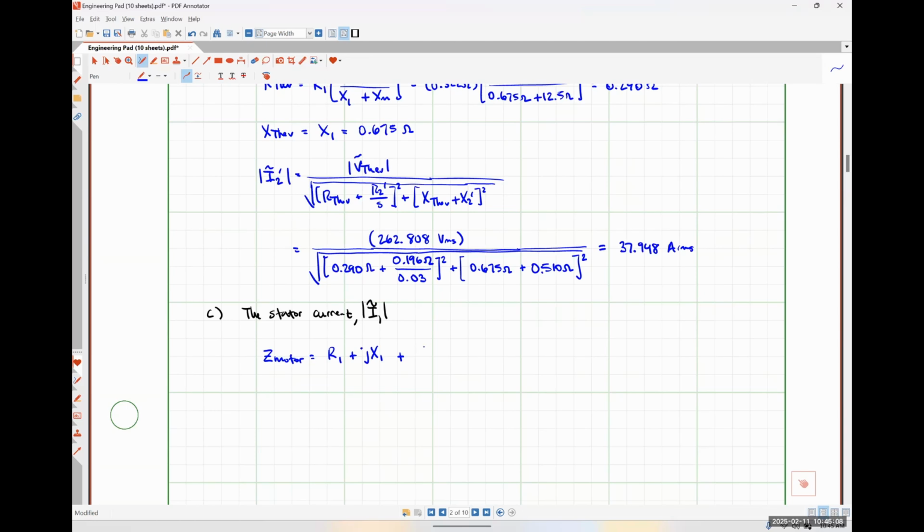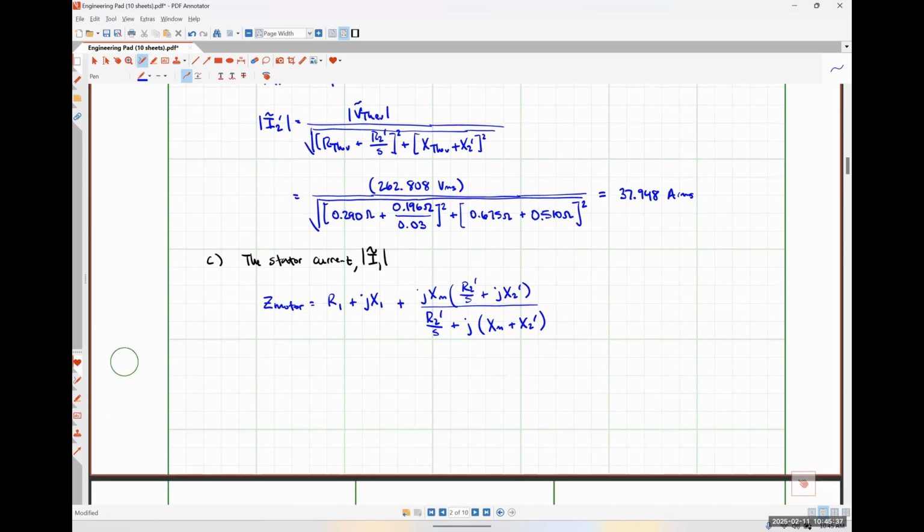So that's going to look like JXM times R2 prime over S plus JX2 prime, all over R2 prime over S plus JXM plus X2 prime, based on the IEEE equivalent circuit model.